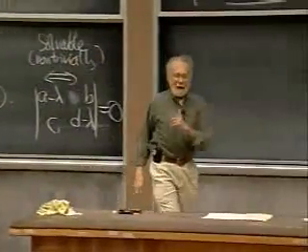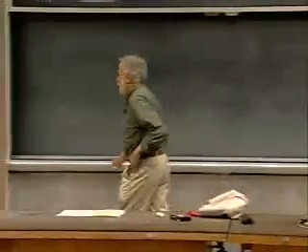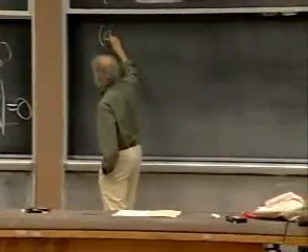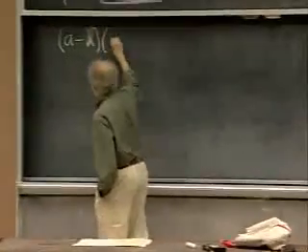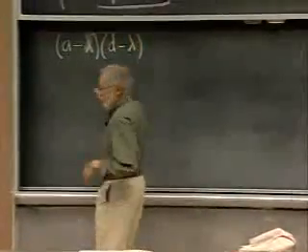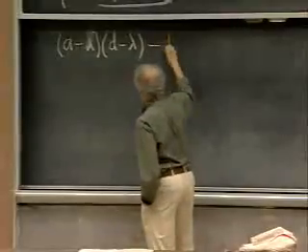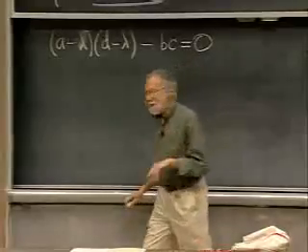Okay, let's now write that out, calculate once and for all what that determinant is. It's A minus lambda times D minus lambda, that's the product of the diagonal elements, minus the anti-diagonal, minus BC, is equal to 0. And let's calculate that out.